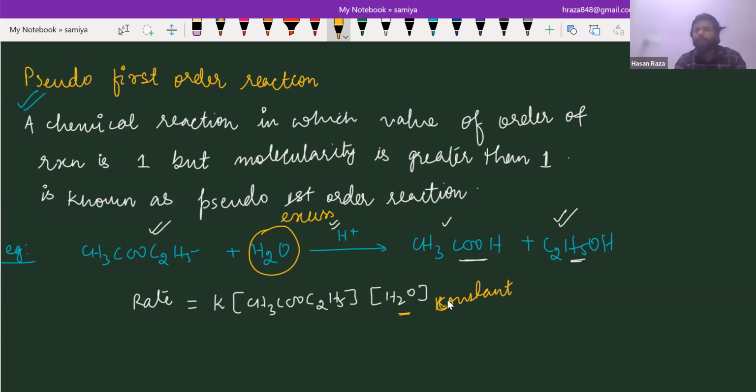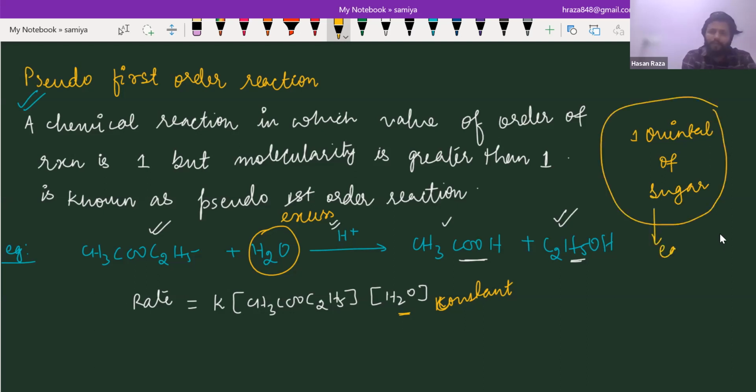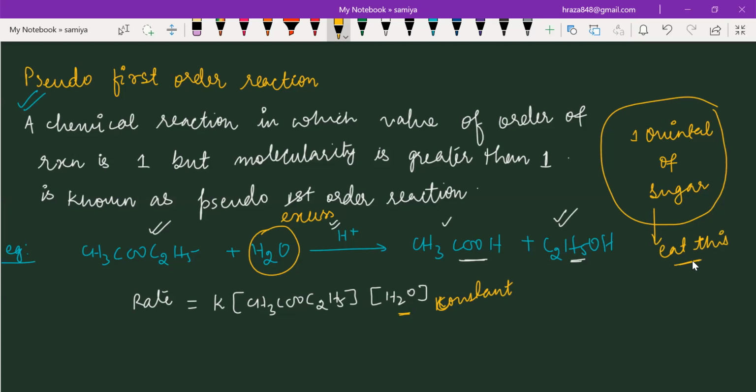Let me take another example. If you take 1 quintal of sugar, will you be able to eat it in 1 month or 1 year? Can you eat 1 quintal of sugar directly? Please do respond. You cannot eat it in 1 month or 1 day.